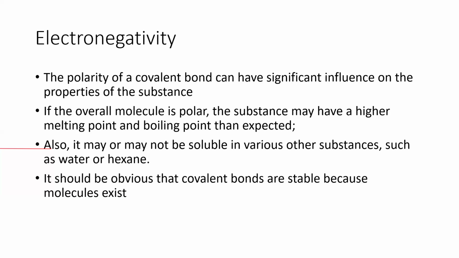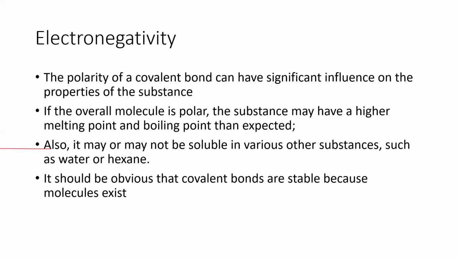So if the overall molecule is polar, the substance may have a higher melting point and boiling point than expected. So the polarity that we calculate is not just calculated for its own sake, it tells you things about those elements.